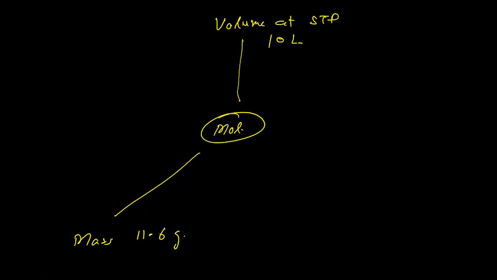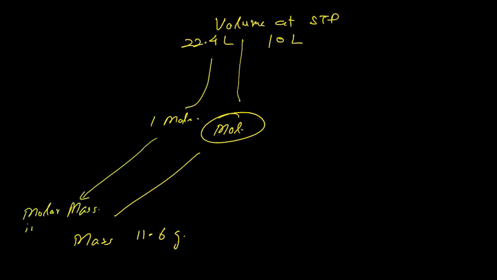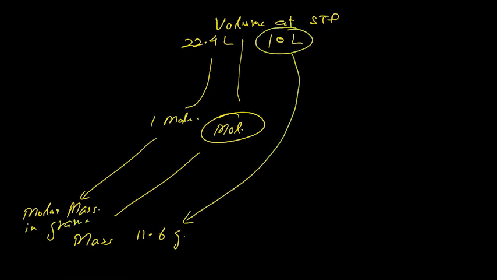Yes, because that is equal to 1 mole. So 22.4 liters will be equal to 1 mole, and it will weigh equal to its molar mass. So with this information given that 10 liters weighs 11.6 grams, you can get how much will be the weight of 22.4 liters by applying the unitary method. And that will actually be molar mass because that is 1 mole.